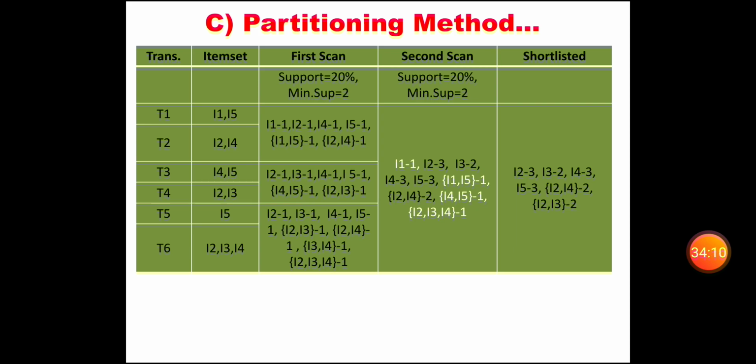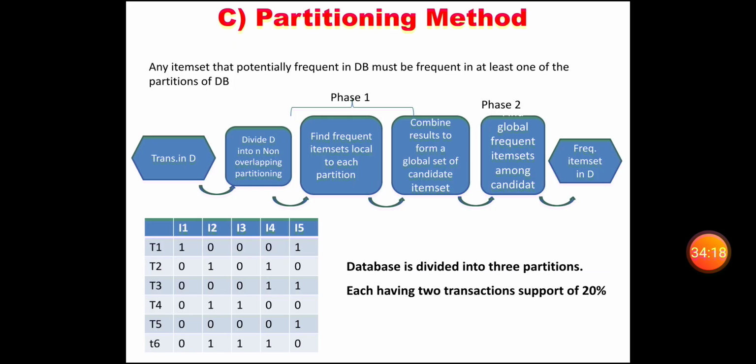This item set will be taken with the help of the boolean table. If you see this table, I1 is present in T1, and I5 is present in T1, so T1 will be I1, I5. The same way in T2, I2 is present and I4 is also present, so T2 will be I2, I4.